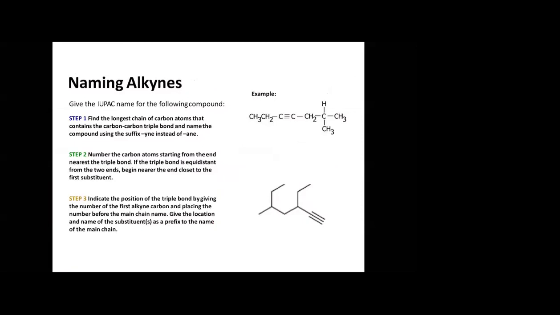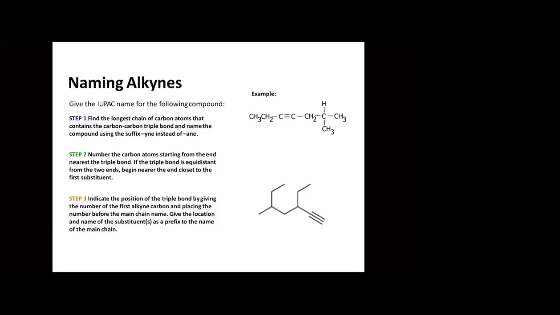Finding the longest continuous chain of carbon atoms. But when we have an alkyne, we need to include both carbons that are holding the carbon-carbon triple bond. You can write the alkane name for it, but then the ending, you're going to change ANE to YNE to represent that you have an alkyne.